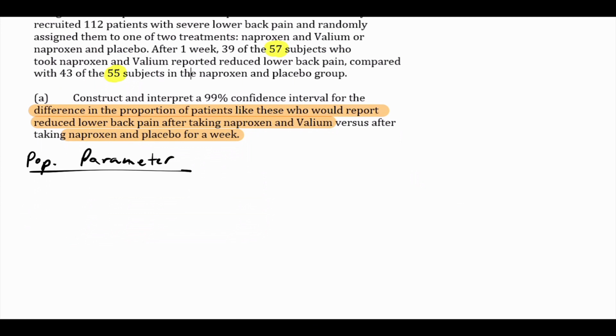We have the sample who took both drugs, and we have the sample who took one drug and a placebo. So we're going to have two proportions. We'll say P1 for the first group.